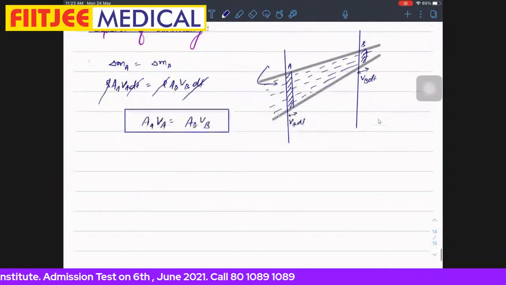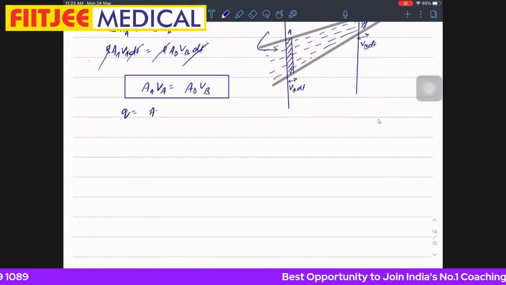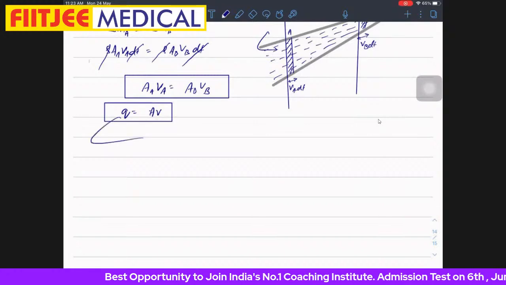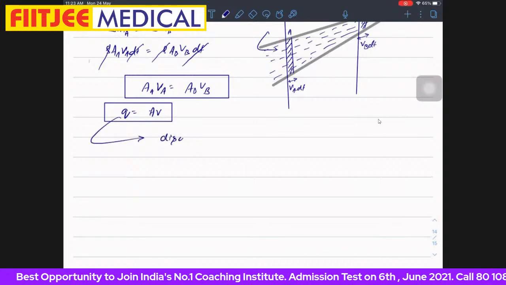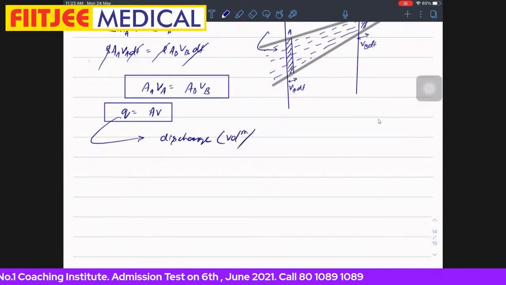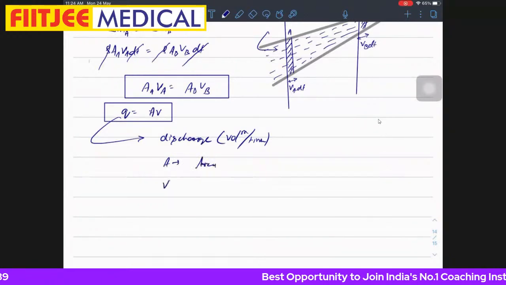Here, one term we'll use is area into velocity. Here the term Q is discharge. Discharge is volume per unit time. This is the Q. A is area, V is velocity.